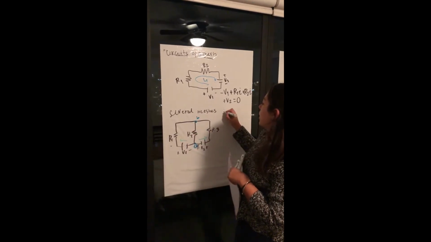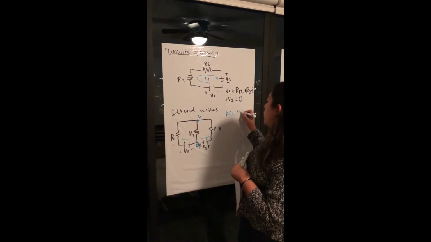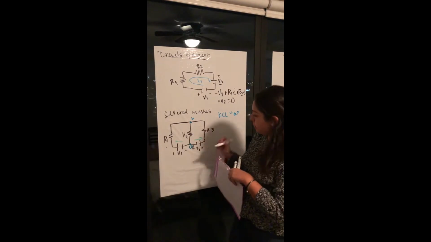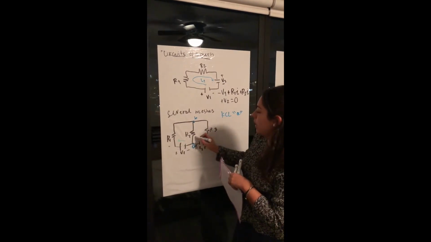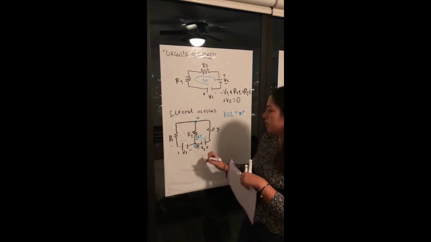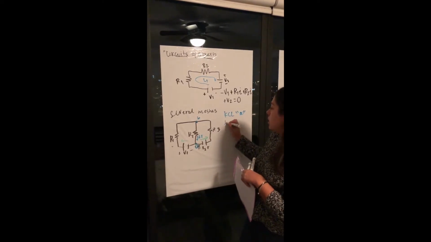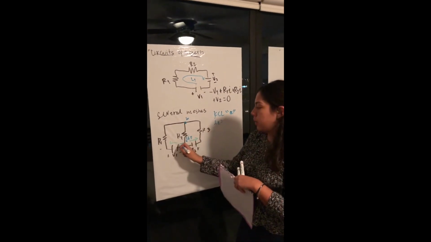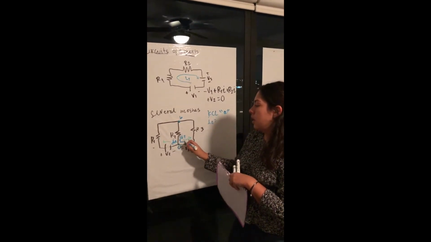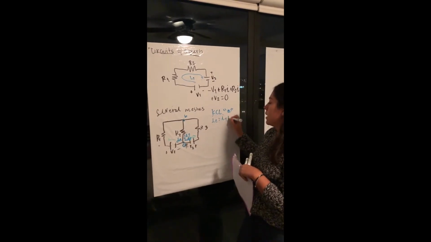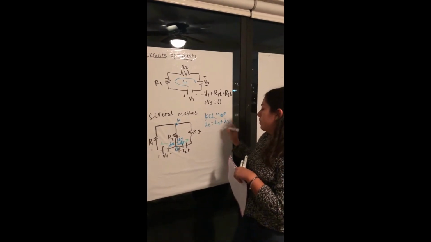So for Kirchhoff's current law at node A, I2, which would be the one passing through the resistor, would be entering the node. So I2 equals the ones that are exiting, that would be I1 and I3, so it would be I1 plus I3.